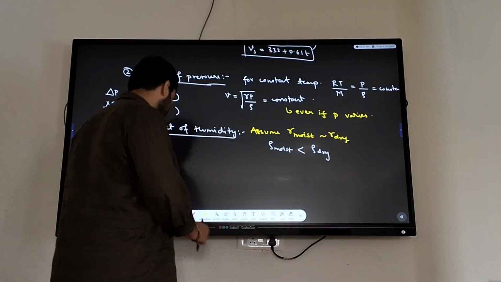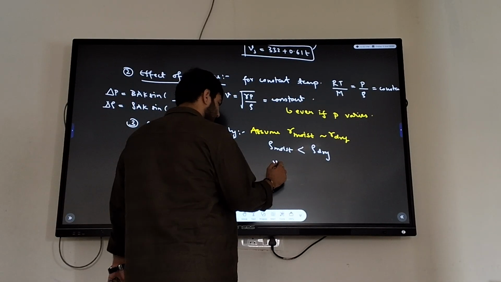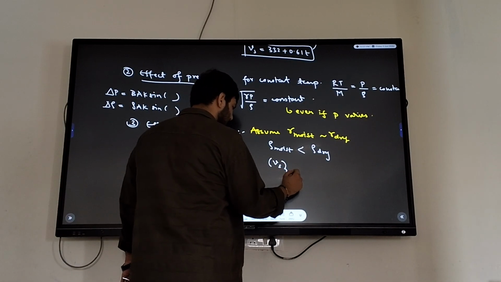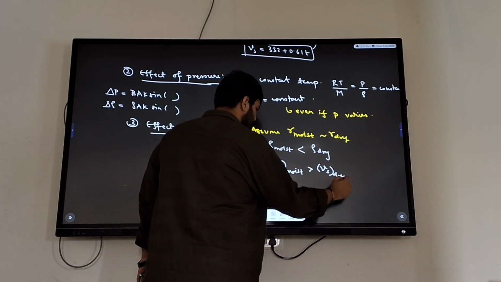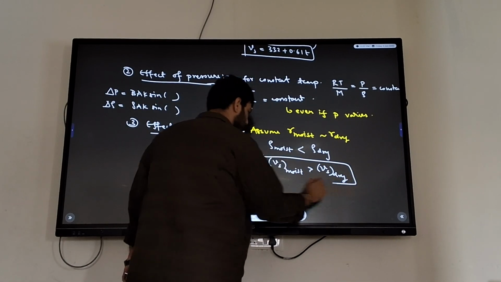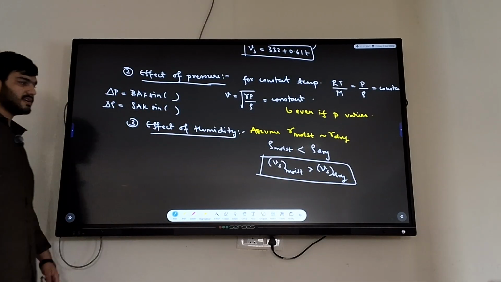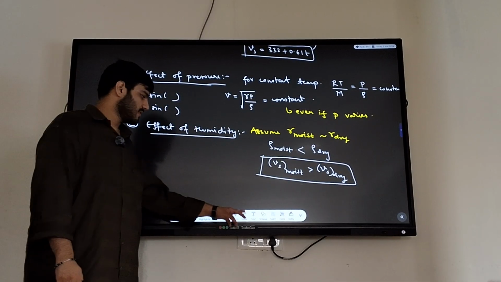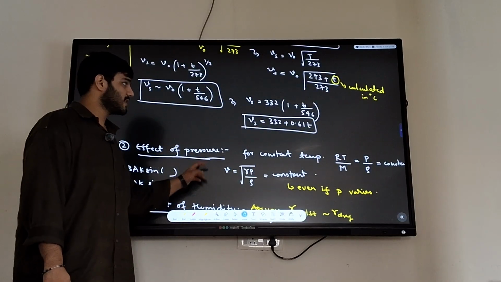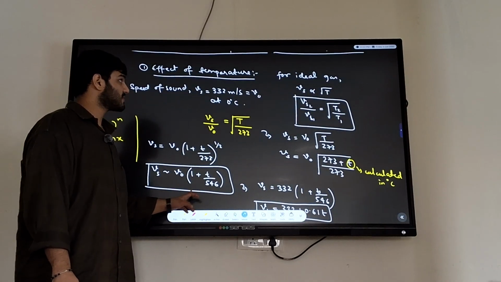But anyways, then you can say that the velocity of sound in moist air is a little greater than velocity of sound in dry air. Okay? So these are the results that you should know, and copy them, and then we can do some problems.